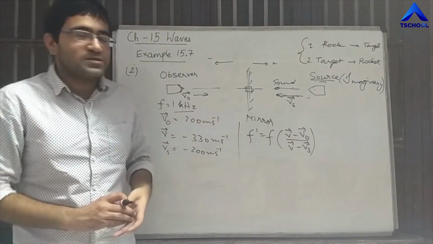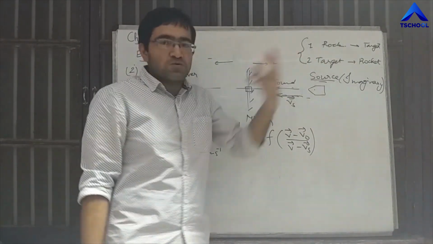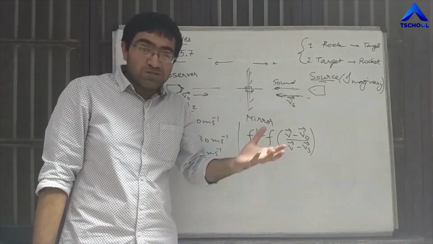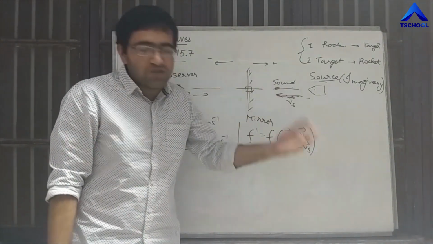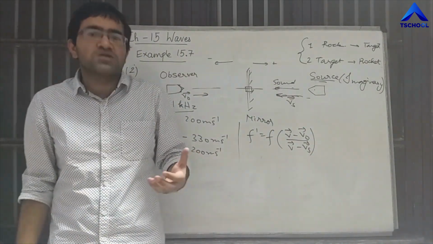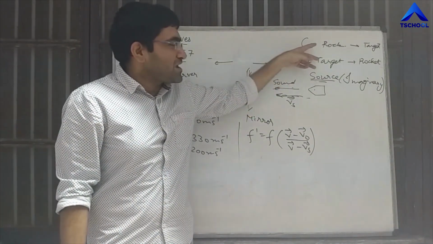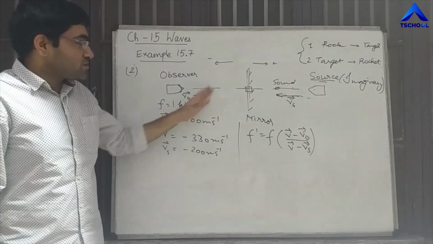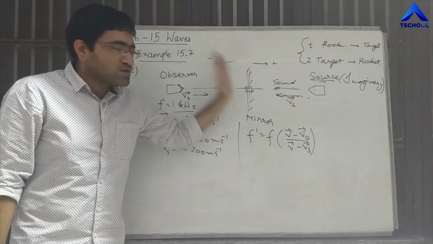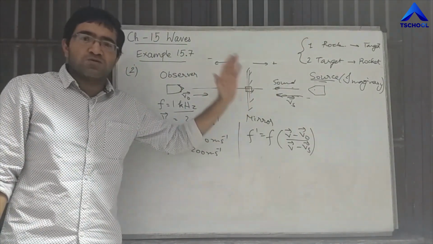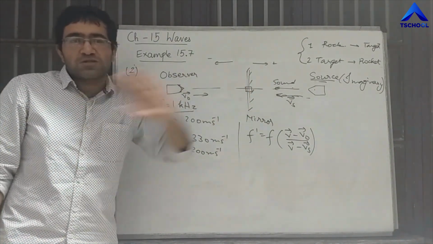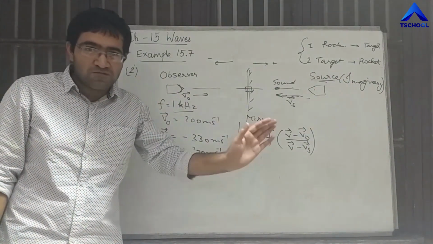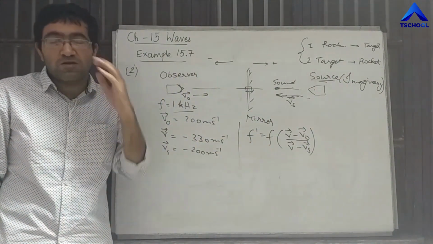Again, the main thing here is that the proper method would be to do it in 2 steps. From the rocket to the target, the frequency will change because of the Doppler effect, and then again from target to rocket, the frequency is going to change. This is a slightly complicated way of doing it, long as well, but with this trick, you think as if there is a mirror, and you could do this in all questions where sound gets reflected and the question is about Doppler effect.